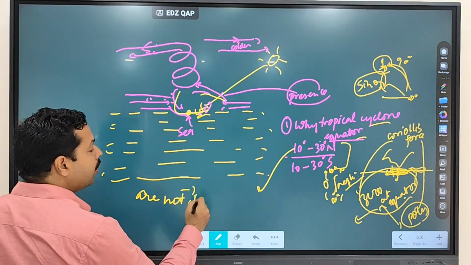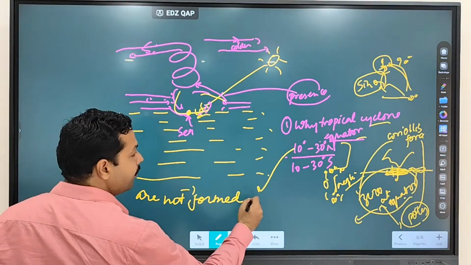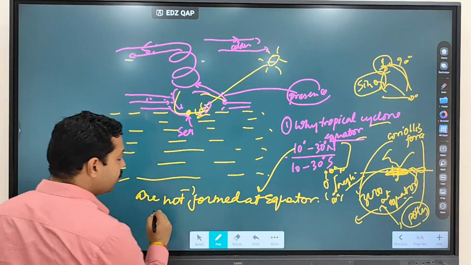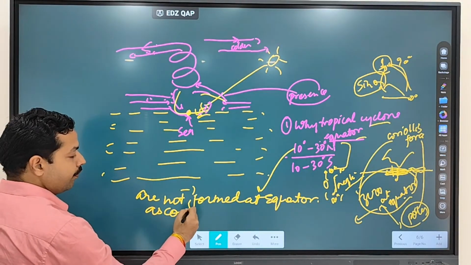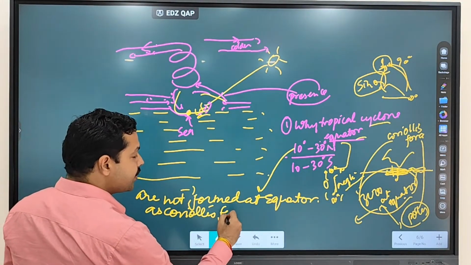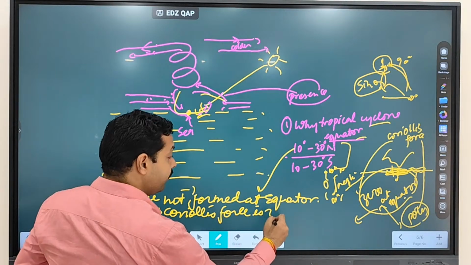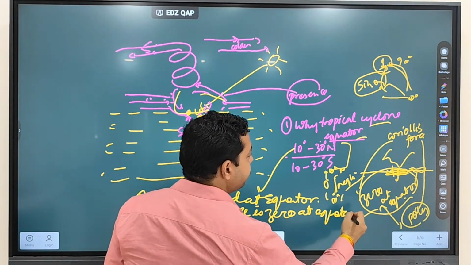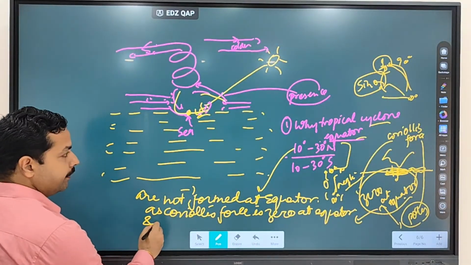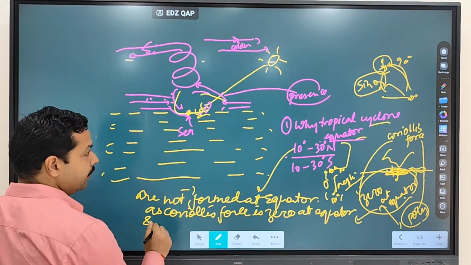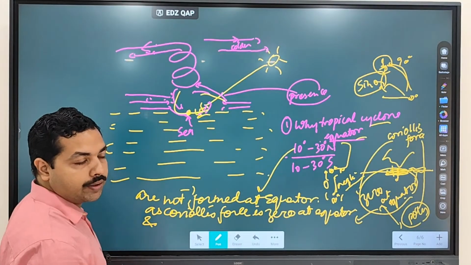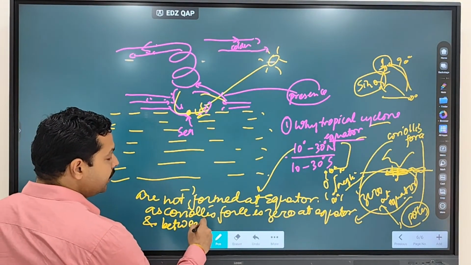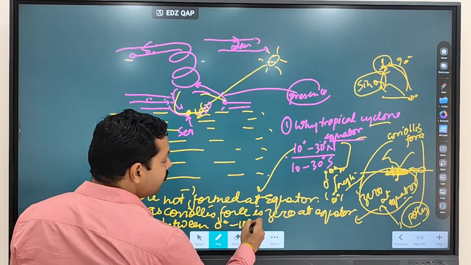So keep in mind that these are not formed at the equator, as Coriolis force is 0 at the equator, and between 0 to 10 degree it is almost negligible.